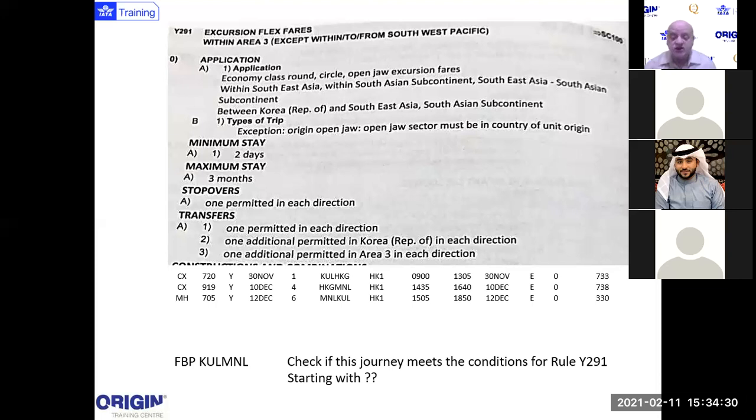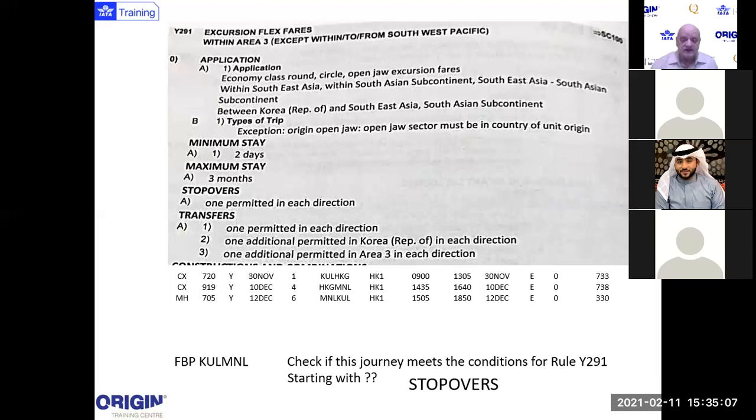Which condition is it a good idea to start with? Stopovers. Normally, on a restricted fare, how many stopovers can you have? None. 0. You can't have stopovers on restricted fares normally.